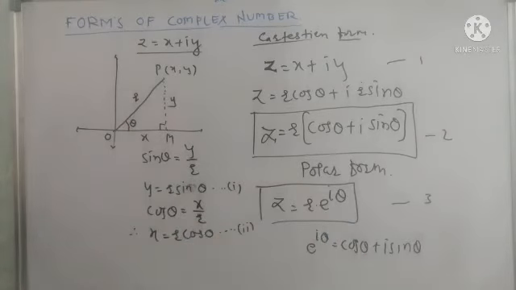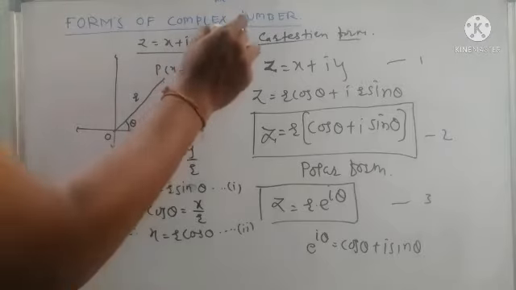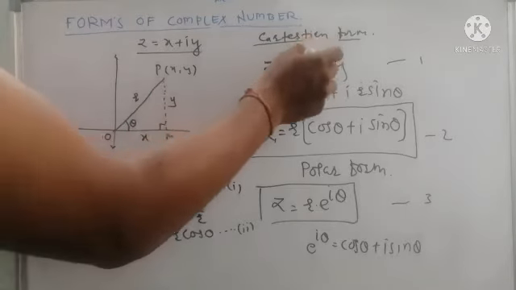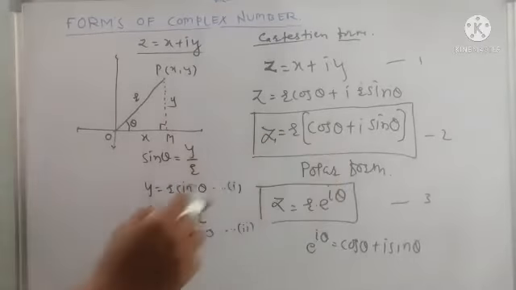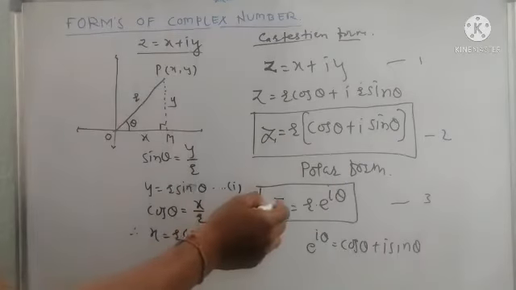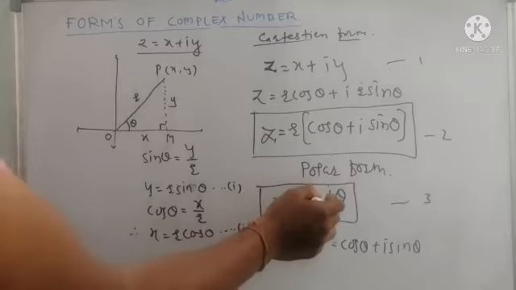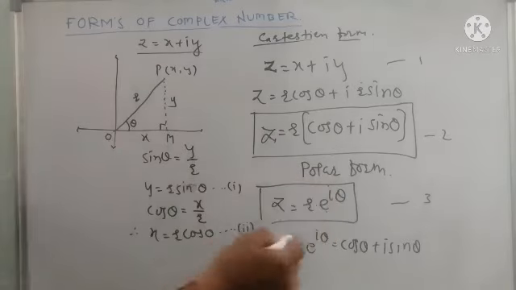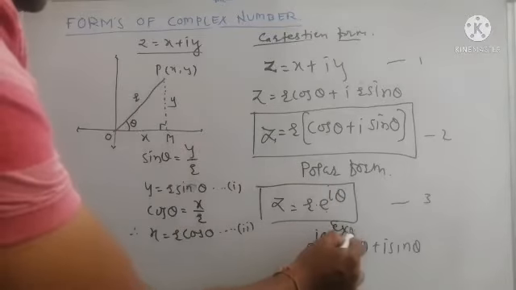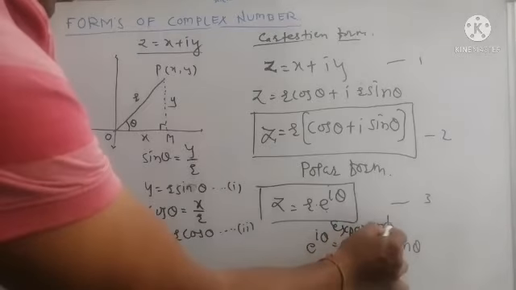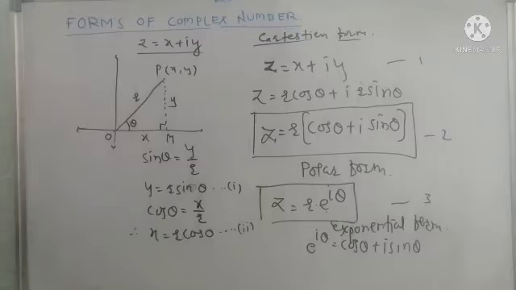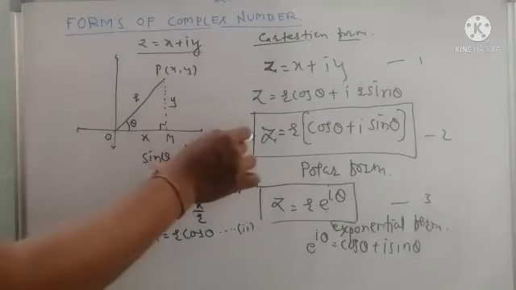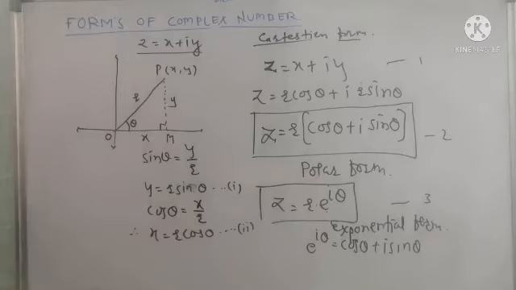And the form of z, observe, we put z in x and y, so it is the Cartesian form. We put z in r and theta, so it is called the polar form. And we use to put z in terms of the exponential term e, so this is called the exponential form of z. So the same complex number z can be put into Cartesian form, polar form, or exponential form.